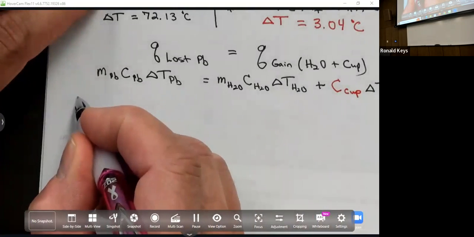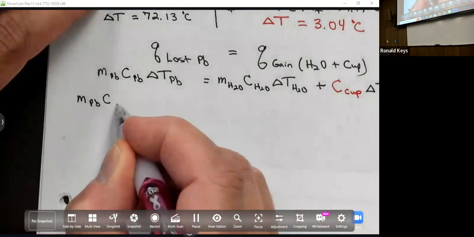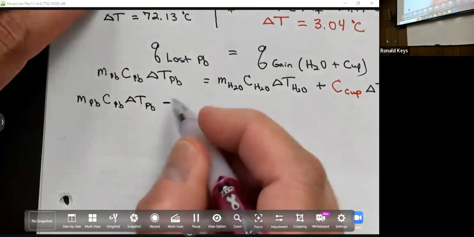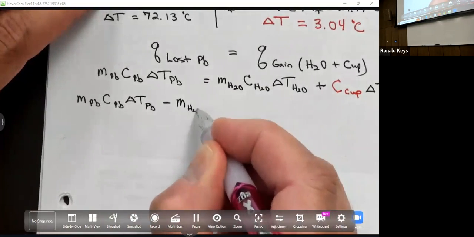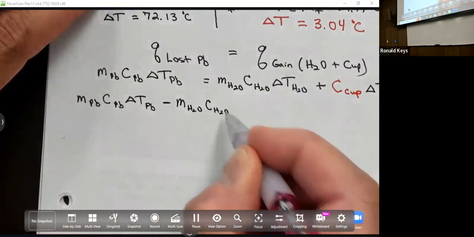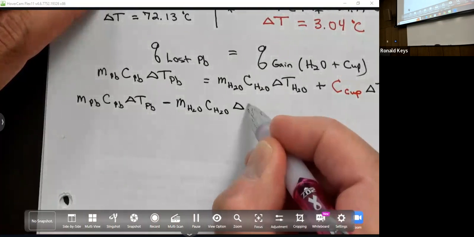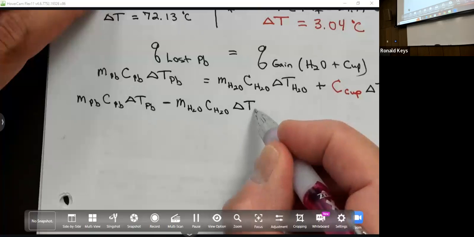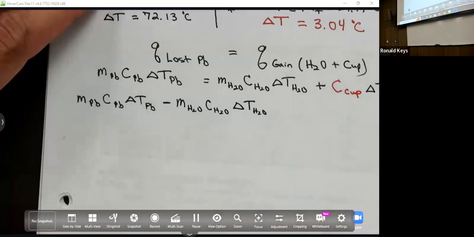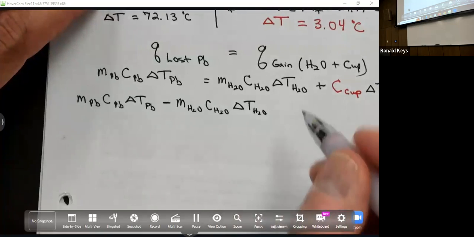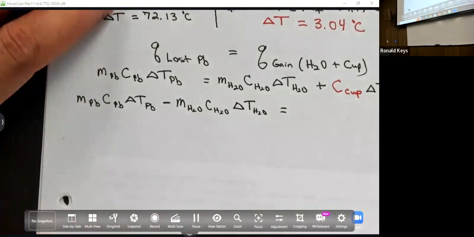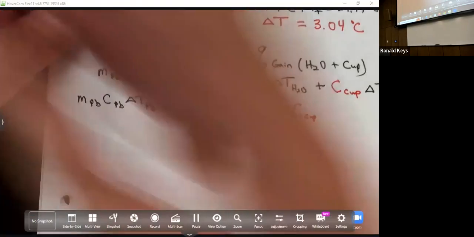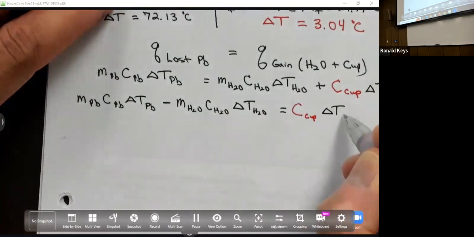So then we know that the mass of the lead, specific heat of the lead, change in temperature of the lead, minus the mass of water, specific heat of the water, change in temperature of the water. I should just put change in temperature for that. It's the same thing, but I'll leave it like this. That equals specific heat of the cup times the change in temperature of the cup.